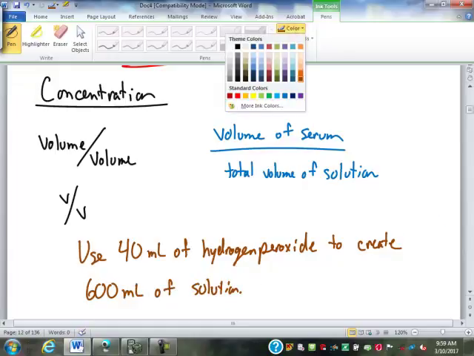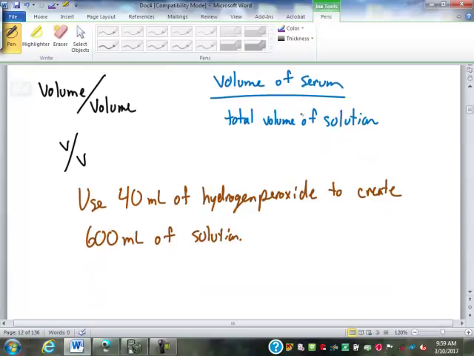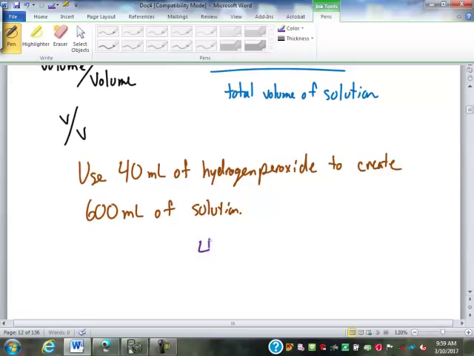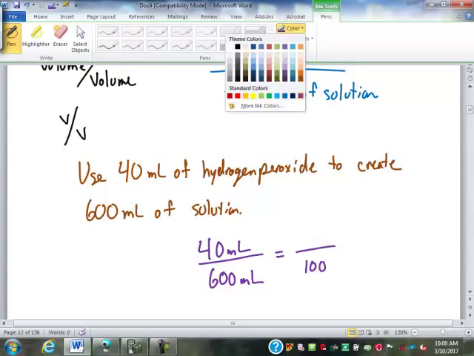The volume in volume concentration here is going to be the 40 milliliters over the 600 milliliters. And to change this into a percent, of course, it's going to be the percent over 100.